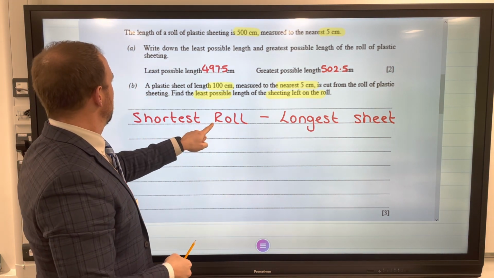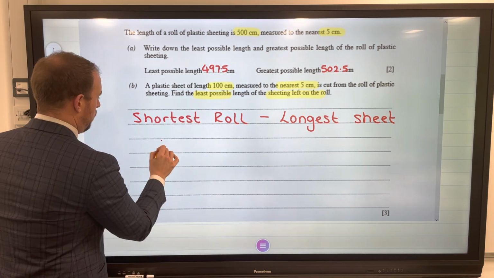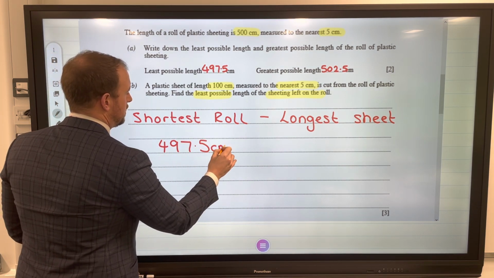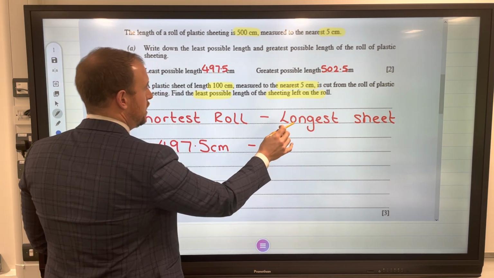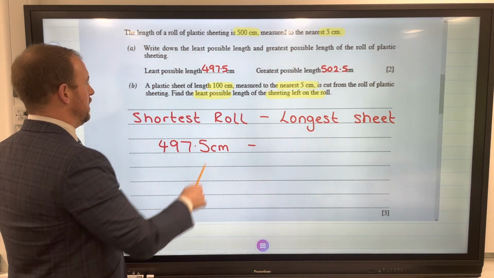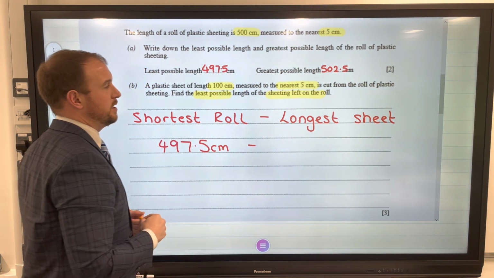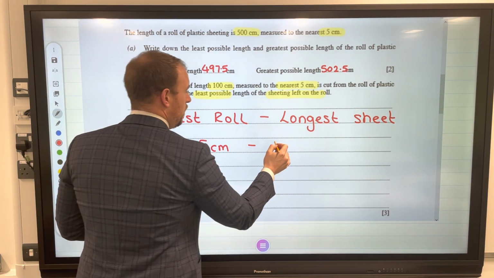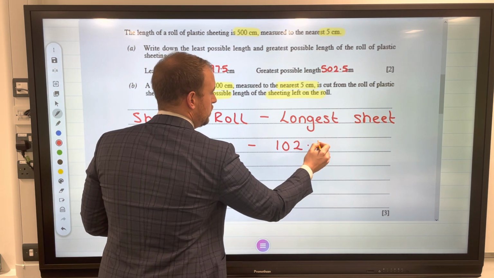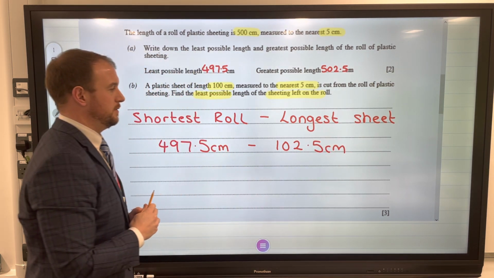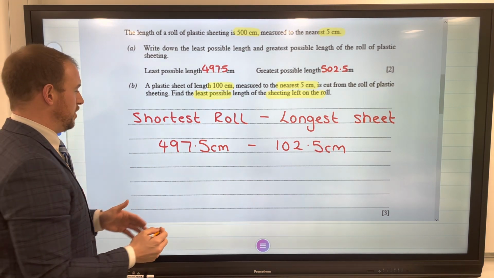So the shortest roll would be 497.5 centimeters. Subtract the longest sheet. Well, if the sheet is 100 centimeters to the nearest 5 centimeters, the longest that could be would be 102.5 centimeters. Now we have to subtract.